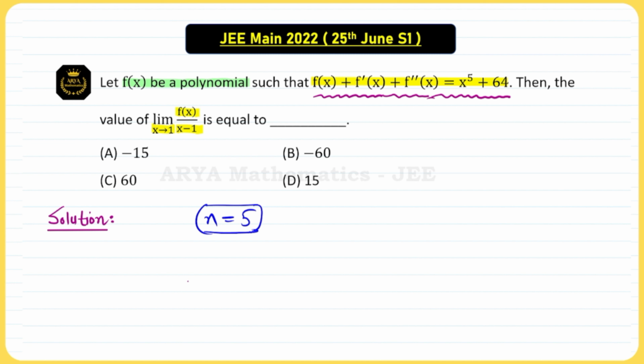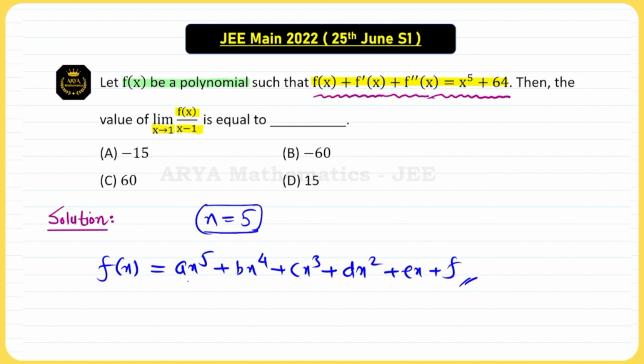So the general method of solving this problem will be that take a general fifth degree polynomial. So that means take f(x) as ax raised to 5 plus bx raised to 4 plus c into x cube plus dx square plus ex plus f. Let us take this polynomial, and now find f dash x and f double dash x, and then substitute in this equation. Let us call this 1.